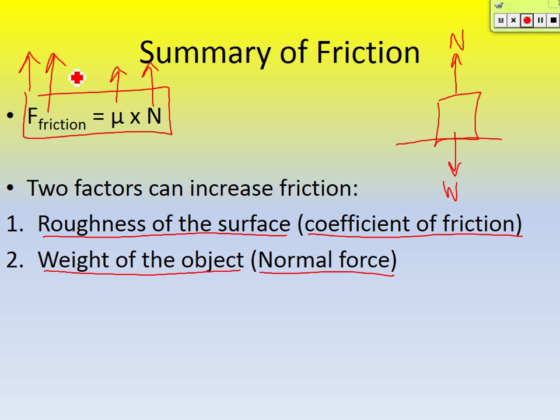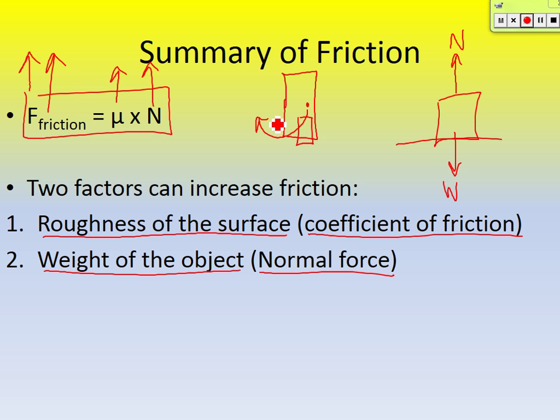So let me see if I can draw this so that people watching the video can get this. I have a door. I put the garbage can in front of it to prop it open. The door wants to swing shut. There are two things I could do to this garbage can to make it prop the door open and not slide shut. What are two things I could do?